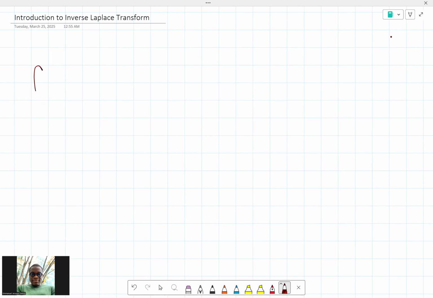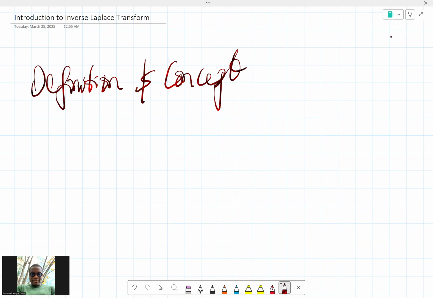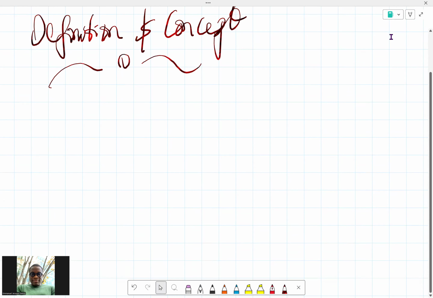So as we delve into that, let's look at the definition and concept of inverse Laplace transform.